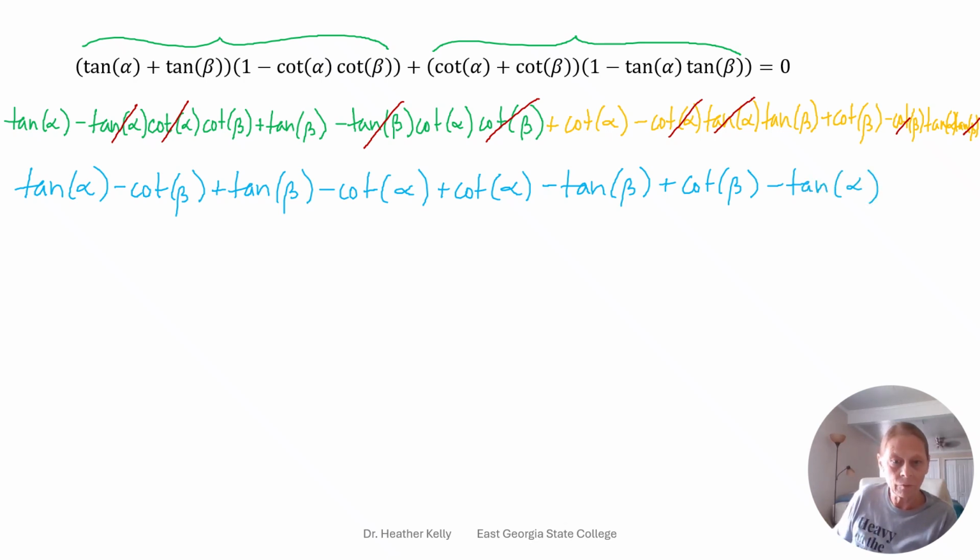All right, let's see what we have here. We have tan alpha and a minus tan alpha. We got a cotan beta and a minus cotan beta. We got a tan beta and a minus tan beta. We got a cotan alpha and a minus cotan alpha. Look at that. Equals 0.